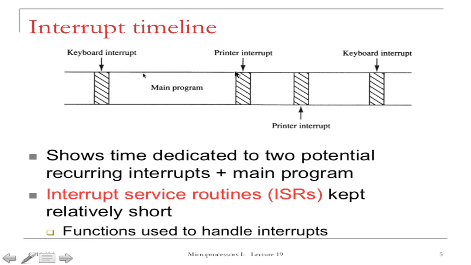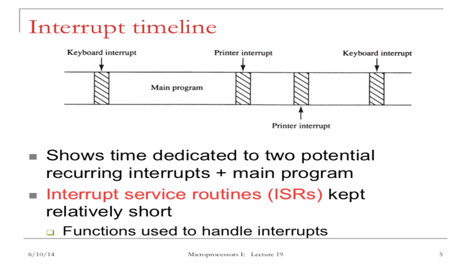Similarly, at some point, an interrupt comes in from the printer, maybe because the printer tries to read data from memory. This interrupt will cause the main program to pause, and a special code, which we call an interrupt service routine, or ISR, will be executed to handle the interrupt.